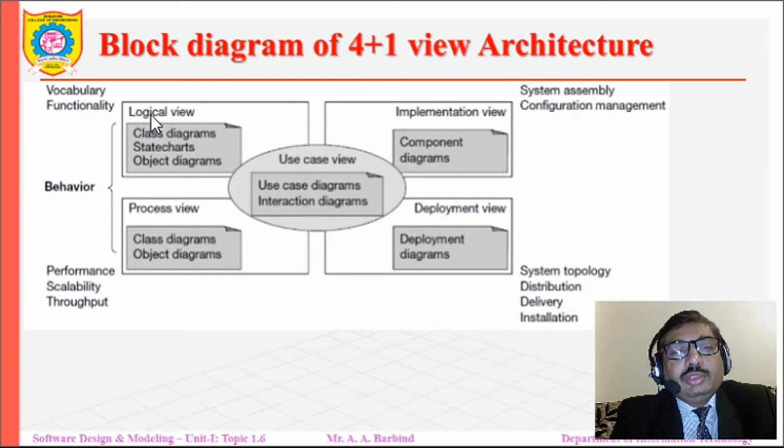So the logical view uses the class diagram, the state chart diagram, or the object diagrams, and the aspect that is seen with this view is the vocabulary and the functionality of the system software.